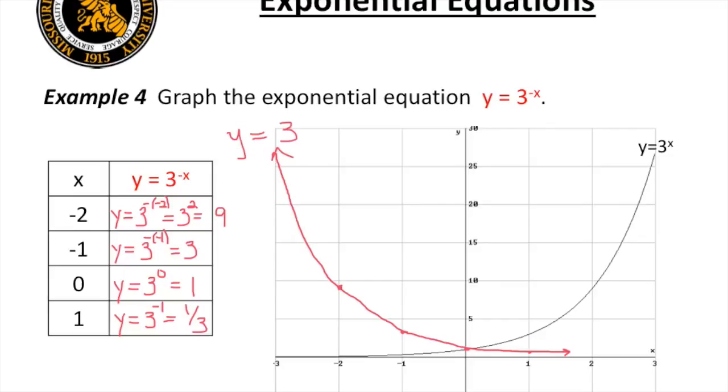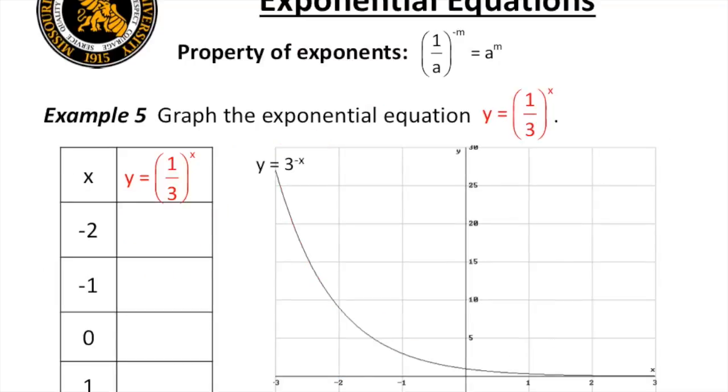So when our exponent is a negative x, we see what we call decay. As we move from left to right, our graph decreases and approaches an asymptote that is equal to the x-axis.